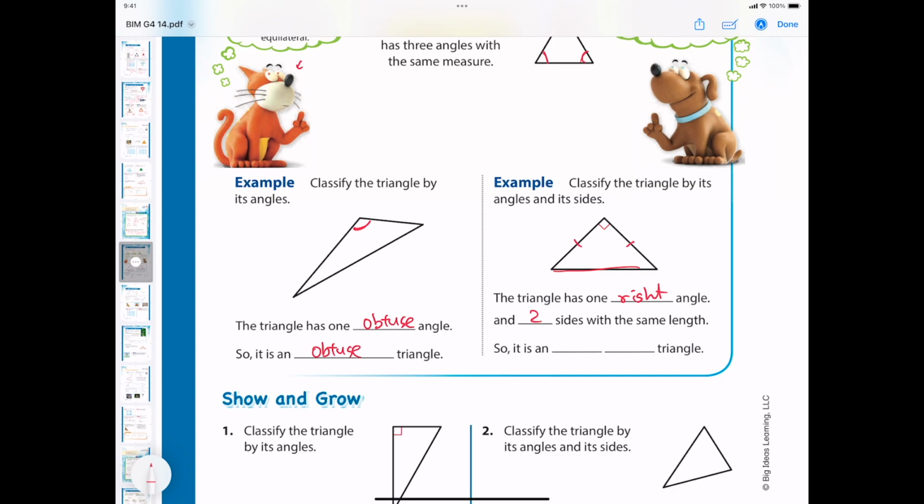So it is a right isosceles triangle. You merge them together: when it has a right angle and two sides are equal, you can call it right isosceles.